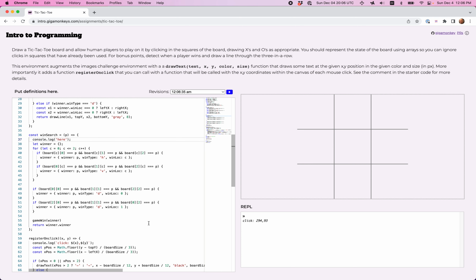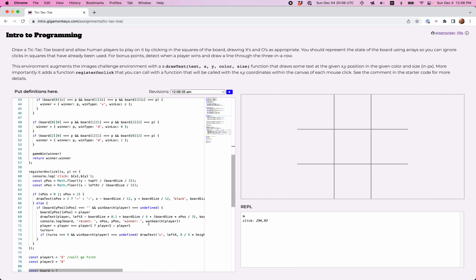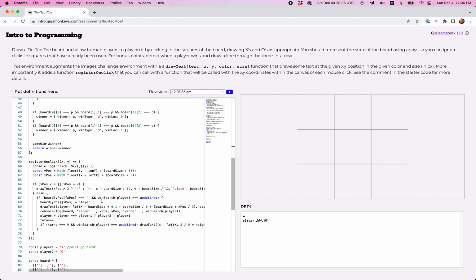Okay, what is happening? So we're not even getting to WinSearch. I don't feel like I changed that.